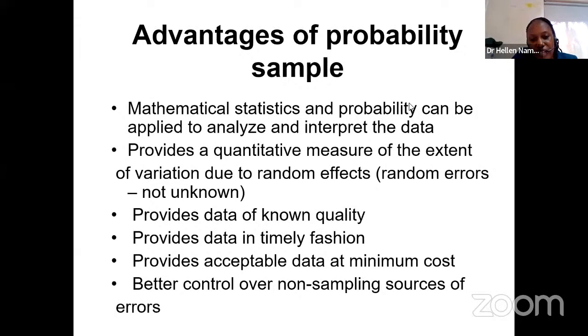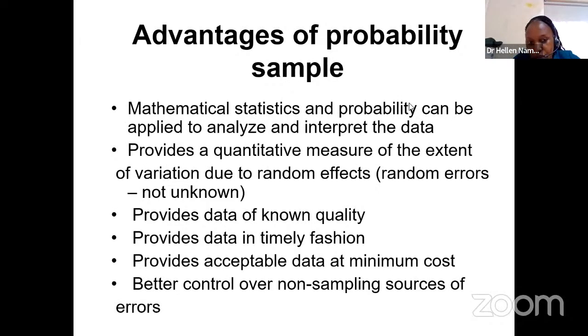So what could be the advantages? In this particular case, when you're using probability sampling approaches, the data that you collect is supposed to be of a known quality, and you can also easily control the sample that you're going to use over other non-sampling sources of errors.